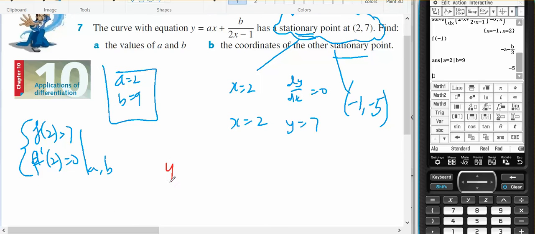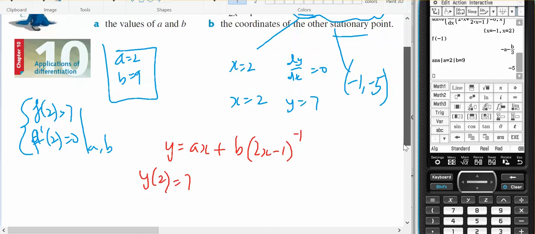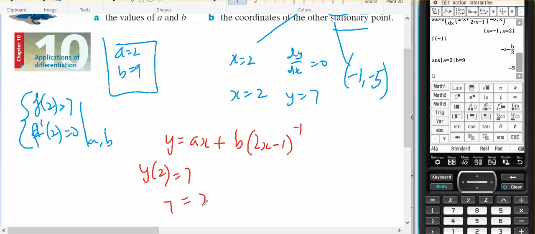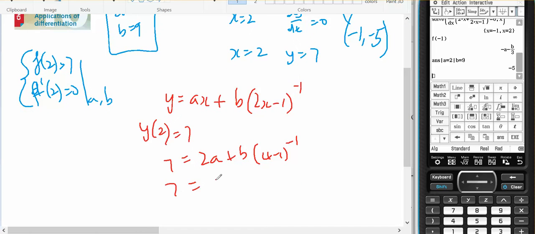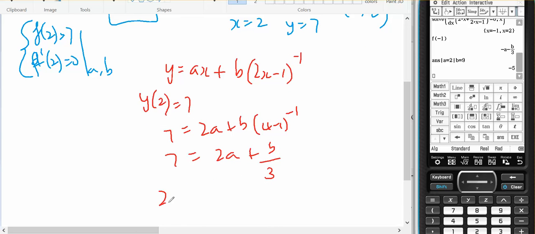So y equals (ax plus b) times (2x minus 1) to the -1. I know that y(2) equals 7, therefore 7 equals (2a plus b) times (4 minus 1) to the -1, or 7 equals (2a plus b) on 3, which is 21 equals 6a plus b.